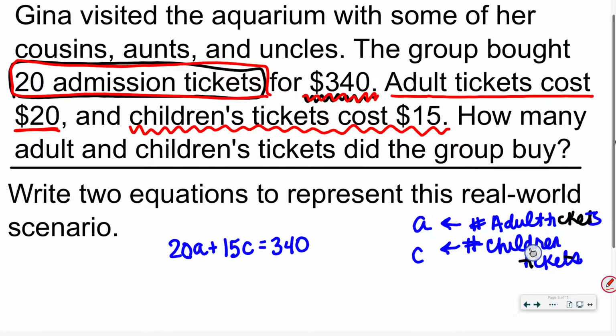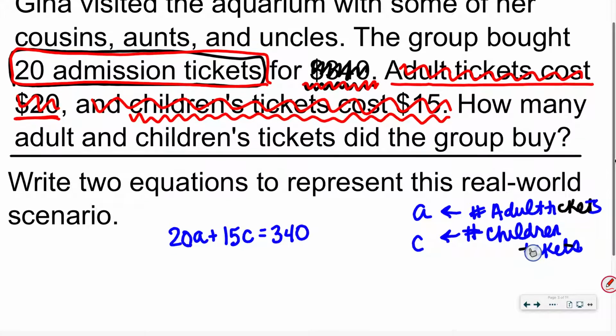So now let's come back up here. The information that we've used, I'm going to just briefly cross out because we've used it. What other equation can we create here based on the information given? We need one more equation so that we have a system, because right now we only have one equation, but we need a system.